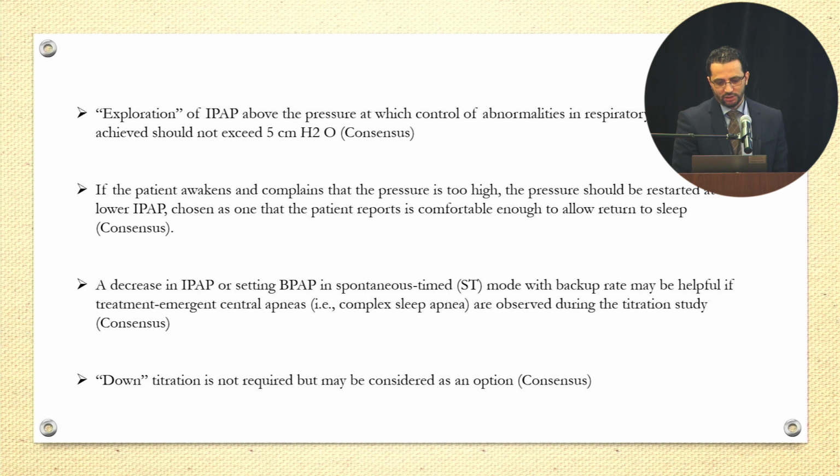If you start having significant treatment emergent central sleep apneas, you can use the PAP in ST mode. We'll talk about treatment emergent sleep apneas in a little bit. Down titration is not something that you need to do, but you could do it to achieve your goal of finding the minimum pressure needed to eliminate the respiratory events.